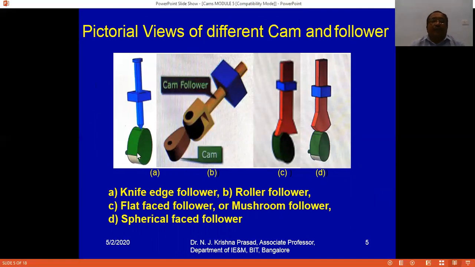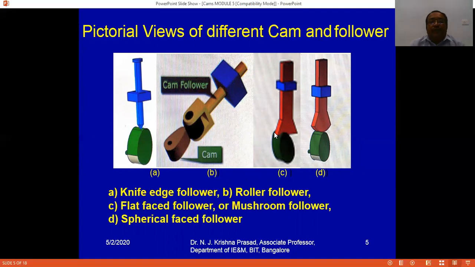Here, the pictorial views of different CAM and follower arrangements are shown. Figure A shows a knife edge follower. Figure B represents the roller follower.